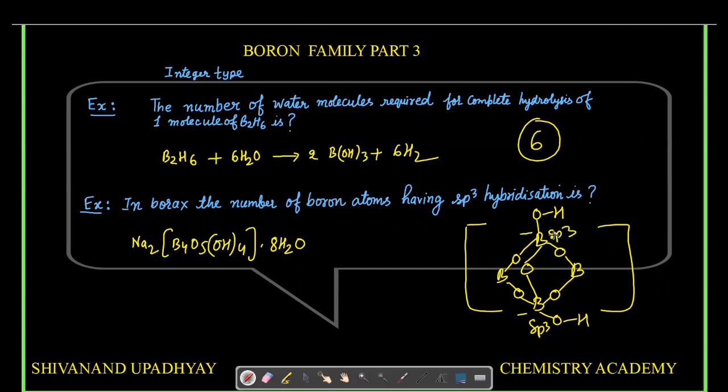So 2 boron atoms are sp3 hybridized and 2 boron atoms are sp2 hybridized.